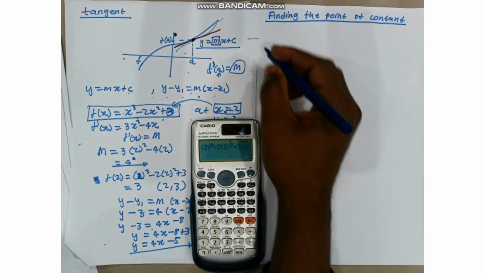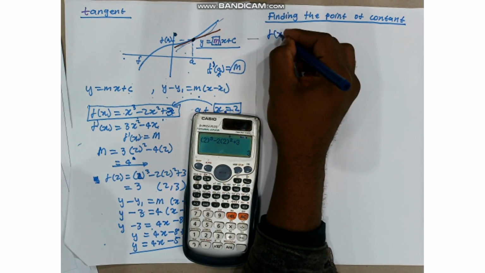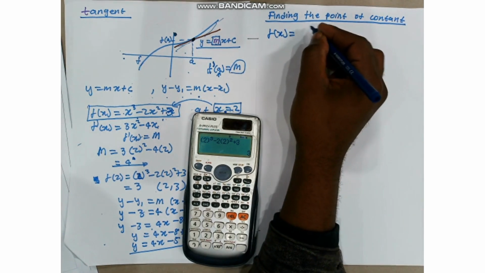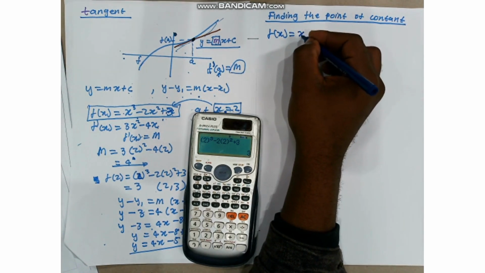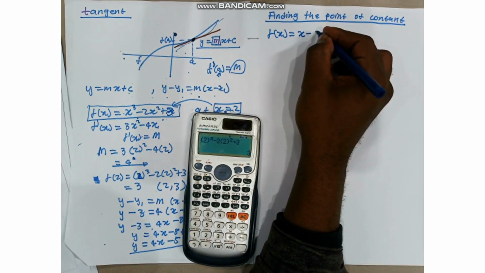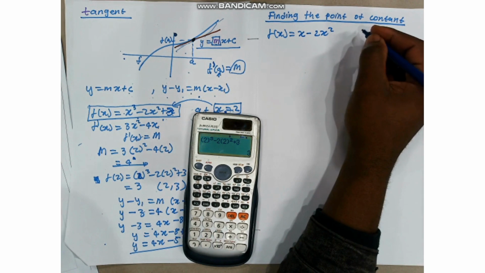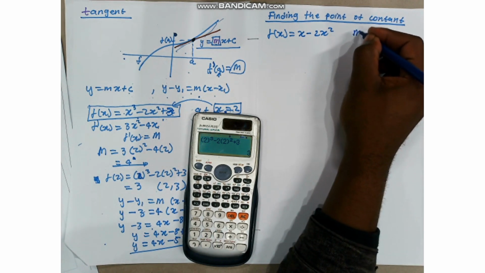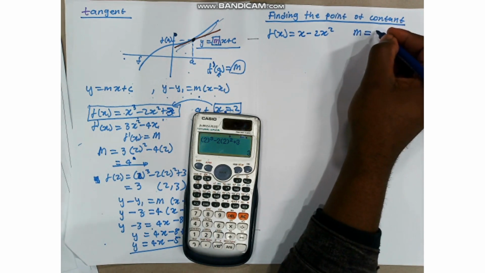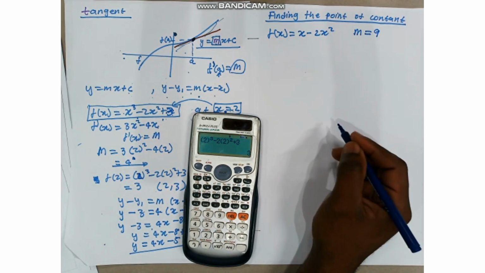So they're going to just give you a function, for example x minus 2x squared, and then they give you the gradient. They say the gradient is equal to 9. They give you the function, then they give you the gradient.